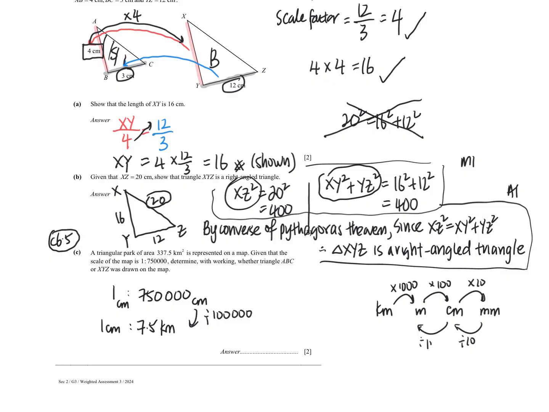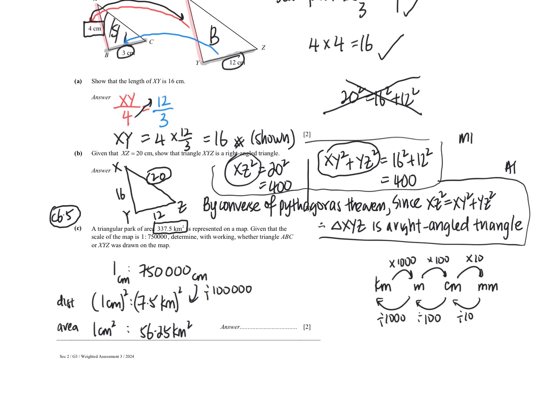So make sure you know this chart. Okay? So once you know this, this is distance scale. So if you want to upgrade to area scale, square both sides. So become 1 cm square is to 56.25 kilometer square. So question say, if I have a park area of 337.5 kilometer square, so actually, this one to this is a times 6.